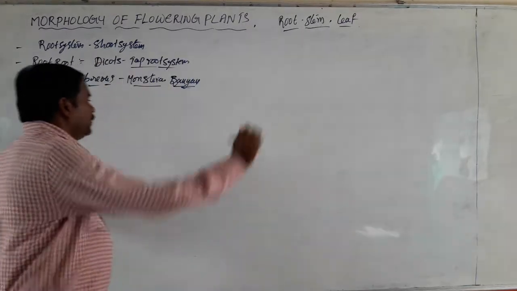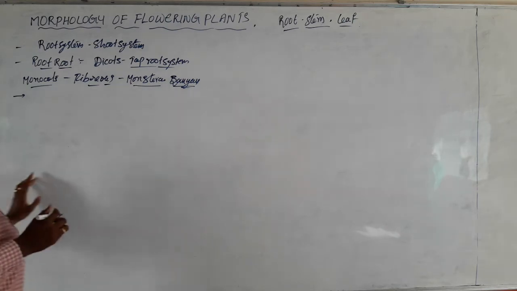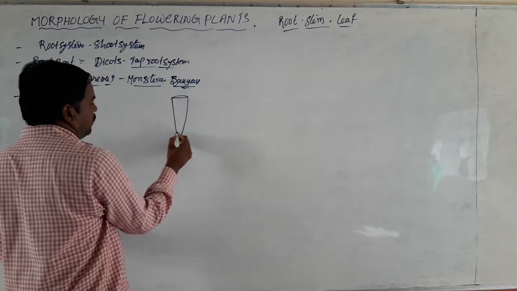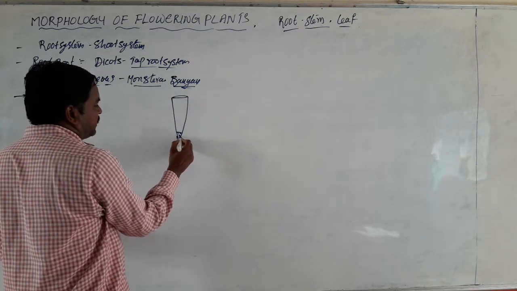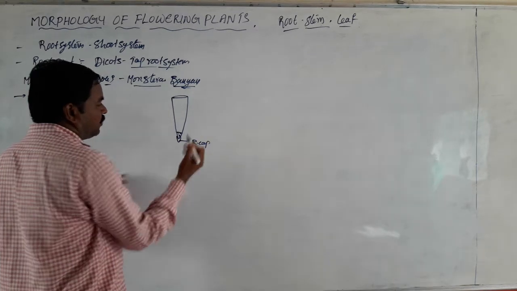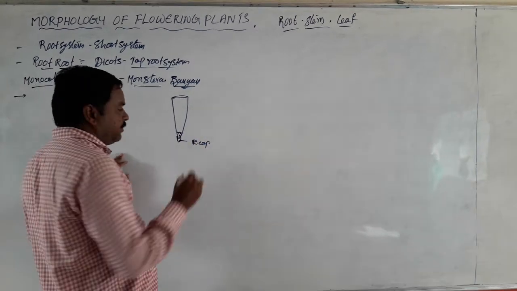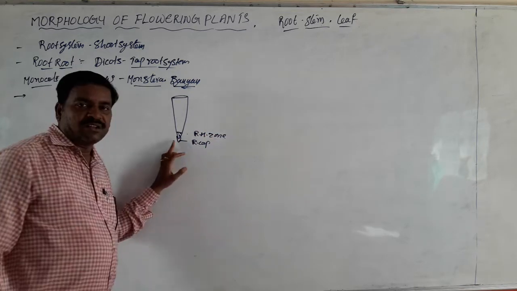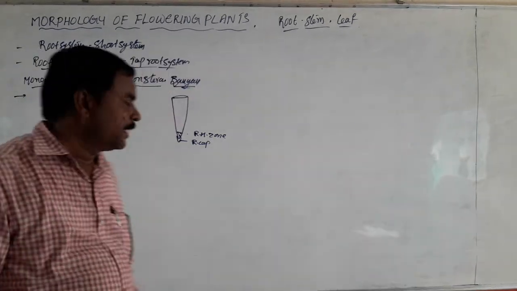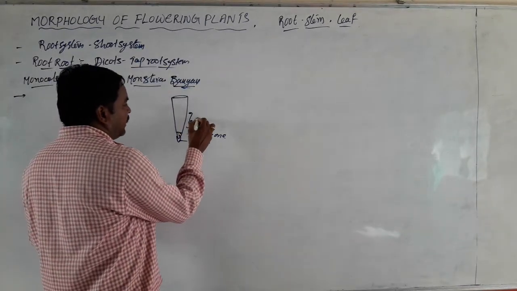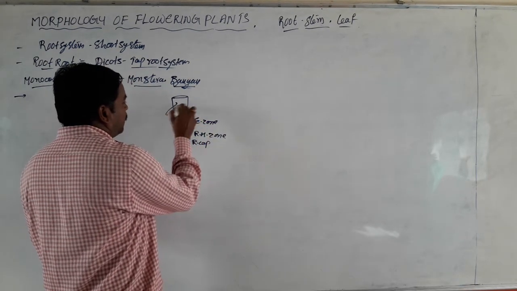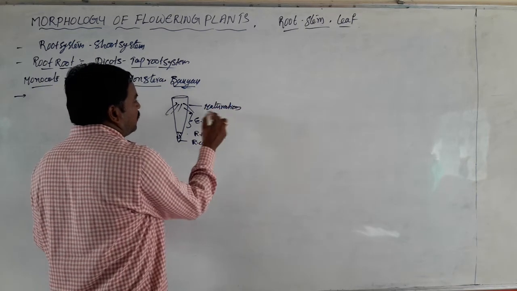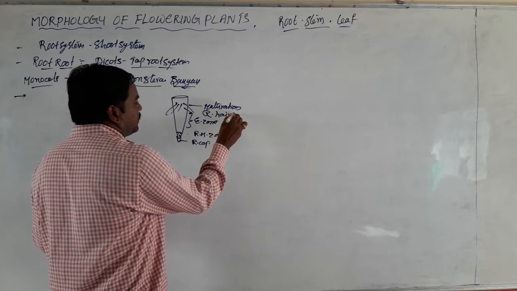Generally, the root is represented by three regions. This is the root cap. Just above the root cap, there is the meristematic zone, with a number of actively dividing cells. It is followed by the elongation zone, and then the maturation zone.